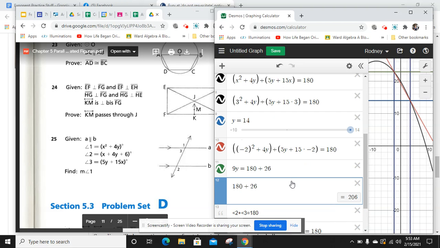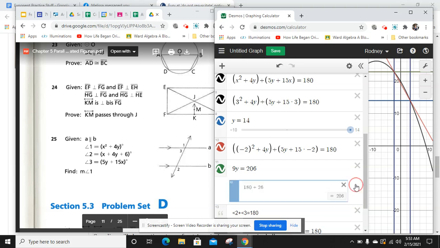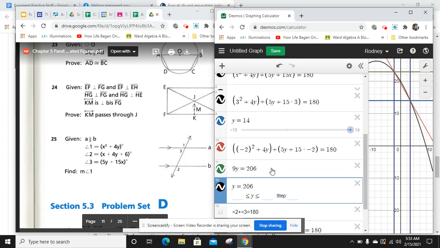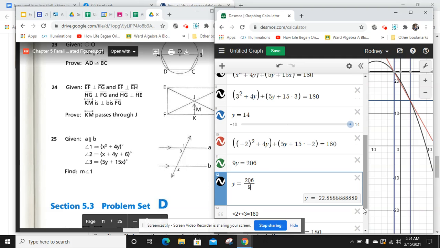I'm doing this just to be extra careful. So that is 206. Okay. Now I divide both sides by 9. So y equals 206 divided by 9. Comes out to 22.8 repeating, which is the same as 22 and 8/9.